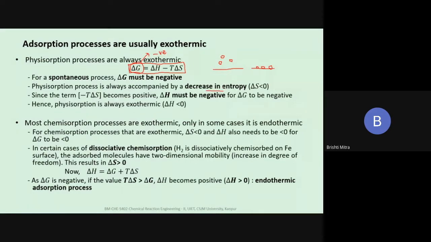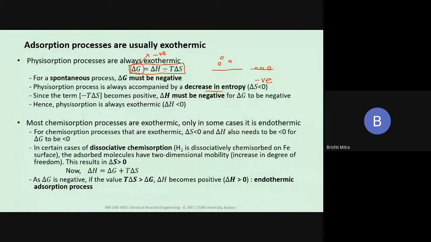So when the entropy decreases, delta S is less than 0, a negative term. If you multiply this by T, my absolute temperature, which is a positive value, and there is a negative sign in front of it, this entire term becomes a positive value.